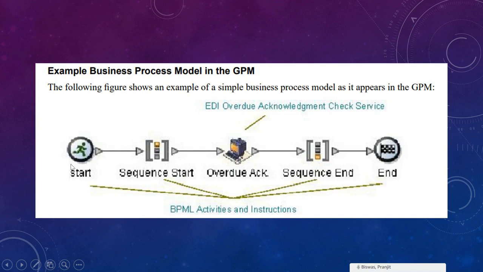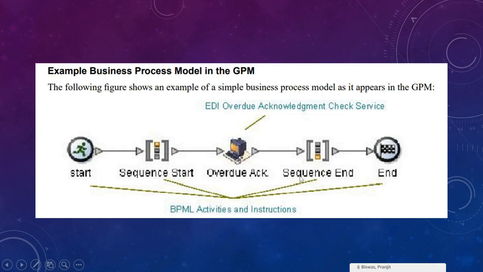So every business process will have a start and an end, followed by a sequence start and a sequence end, although in this example, the sequence start and sequence end is not mandatory. You could have just avoided that and just had start and end, considering the fact that the business process has only one service that you are using. So there is no sequence as such because it's just one service.